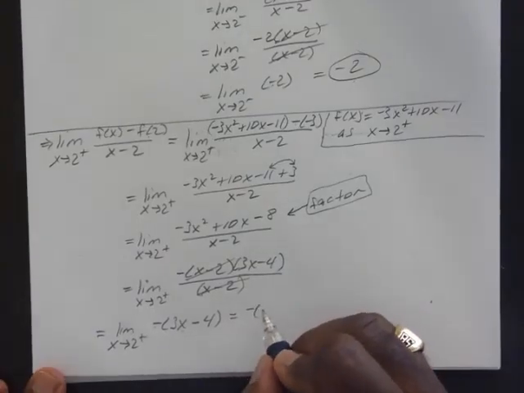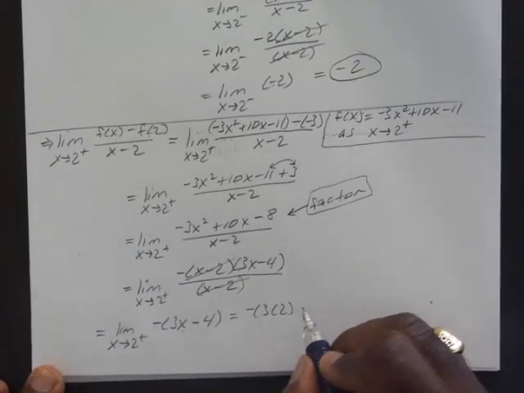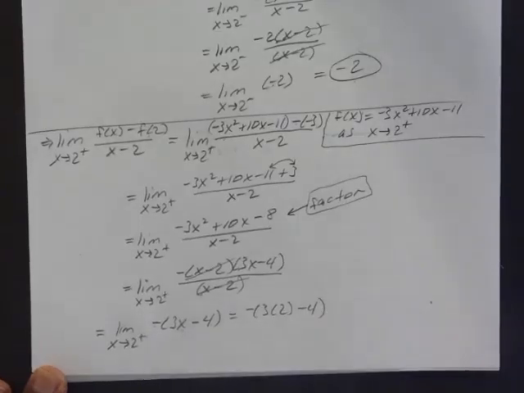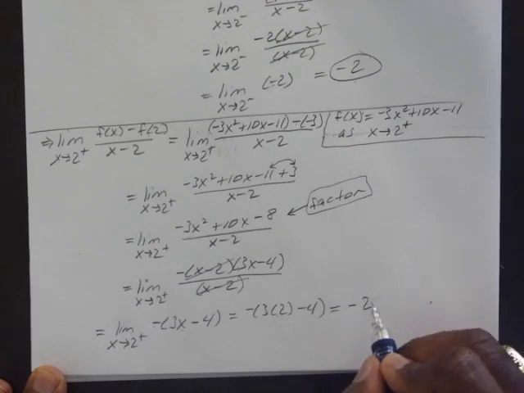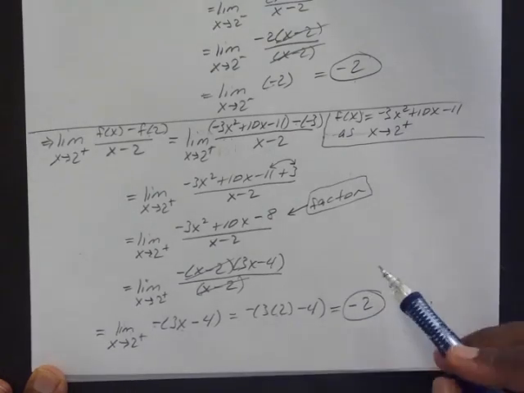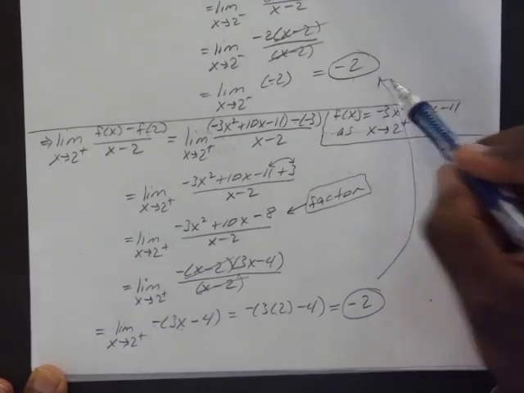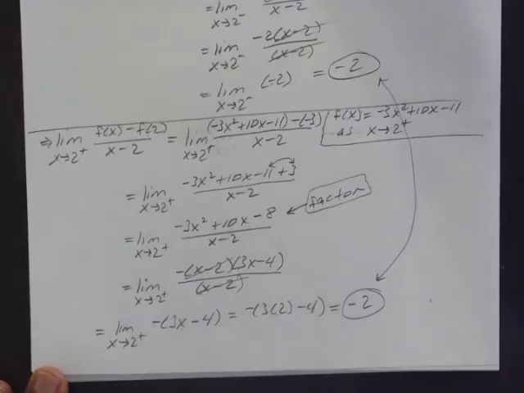So that's negative (3 times 2 minus 4). Okay, 3 times 2 is 6. 6 minus 4 is 2. So that's negative 2, which is the same as the derivative from the right.